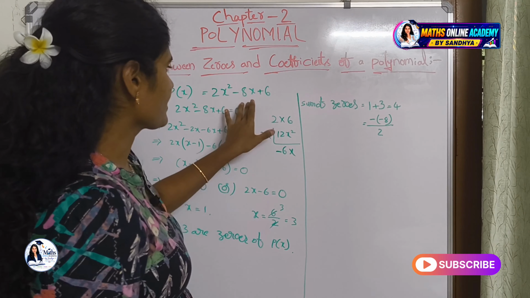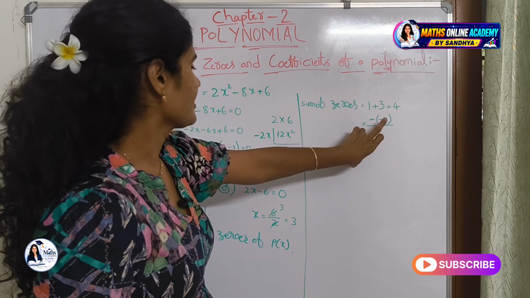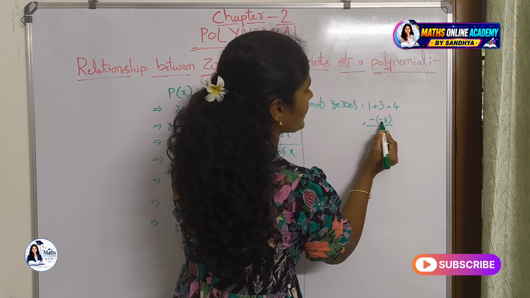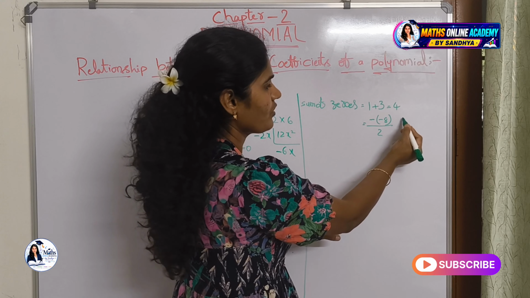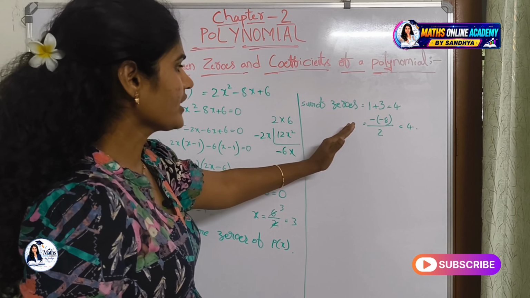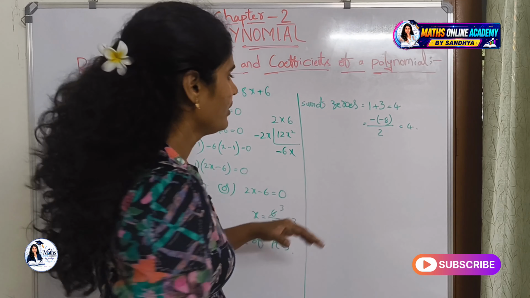Using the coefficients, the x coefficient is what? Minus 8. I am taking minus 8, and the x square coefficient is 2. What do you get as the answer? Minus into minus plus, and 2 fours are 8. So the answer is again 4.